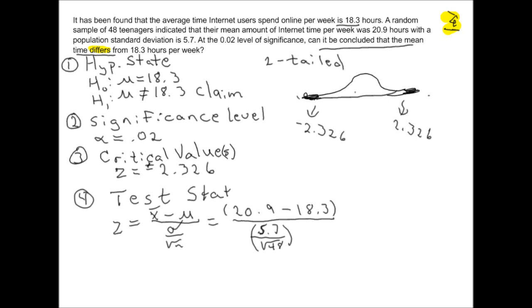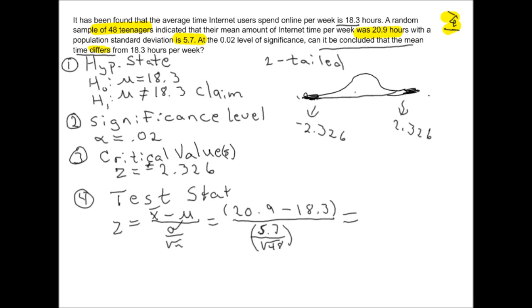If you look up here, the 20.9, that was from the sample of 48 teenagers, and our standard deviation was 5.7. That's where we got our numbers for our calculations.